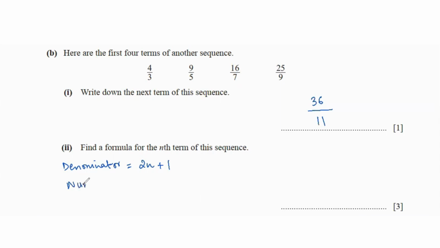And for the numerator, it's going to be n plus 1 whole squared. Why n plus 1 whole squared? Because if you do 1 plus 1, that's 2, and 2 squared is 4. If we do 2 plus 1 and square that, that's going to be 9. 3 plus 1 squared is going to be 16. So the nth term is n plus 1 whole squared over 2n plus 1.